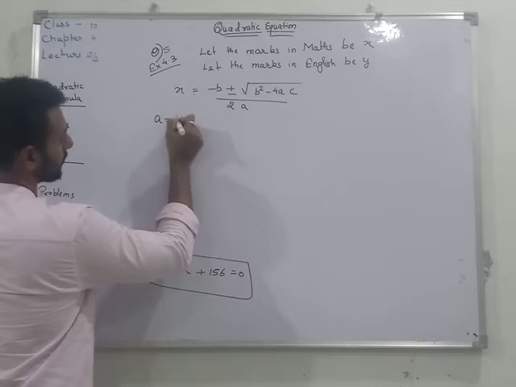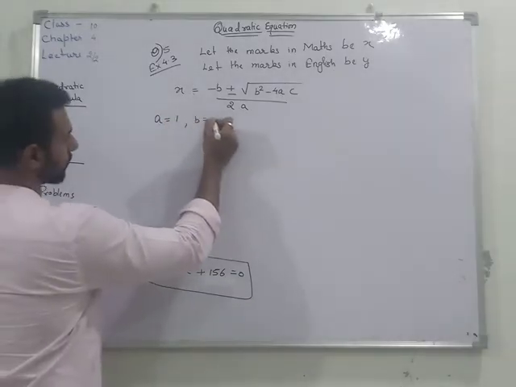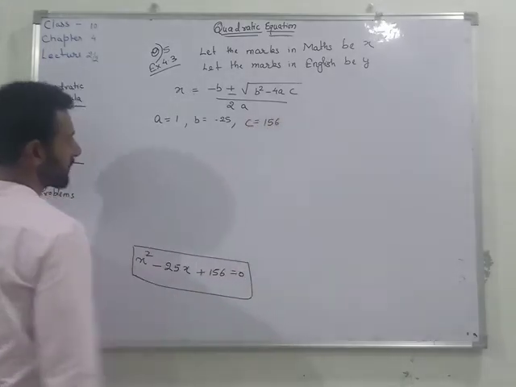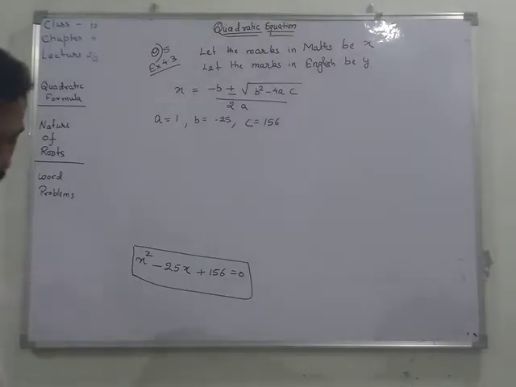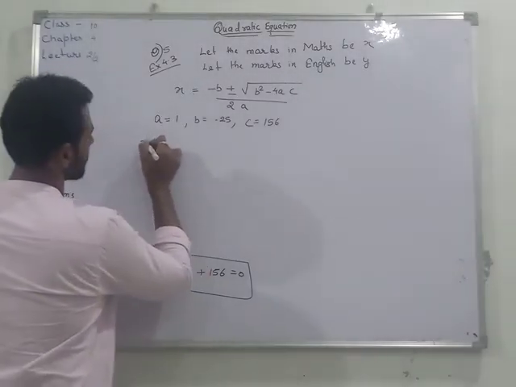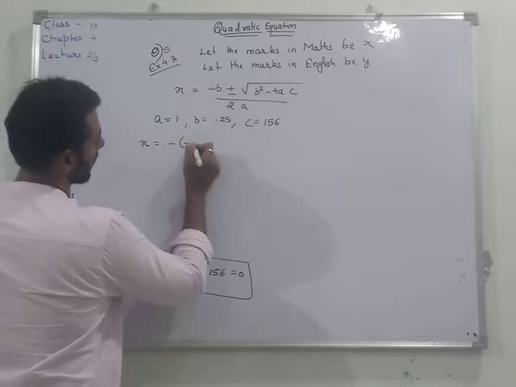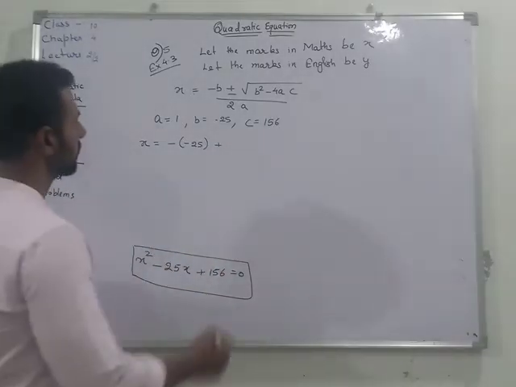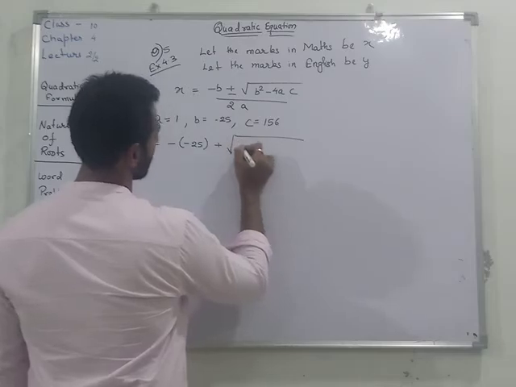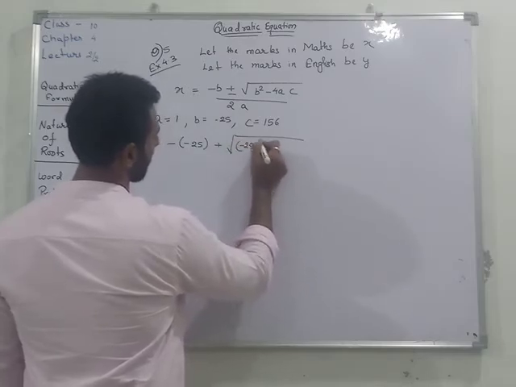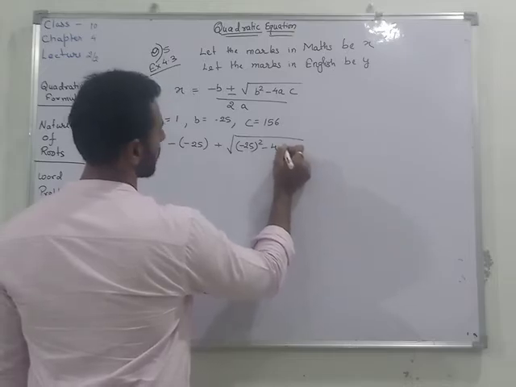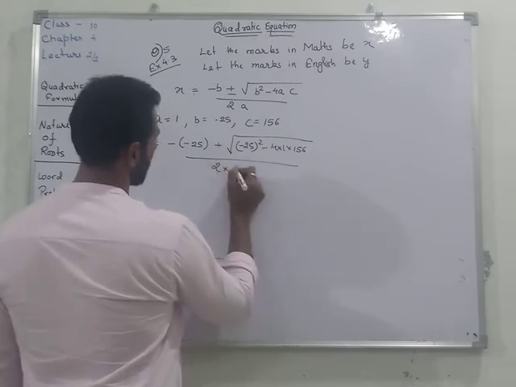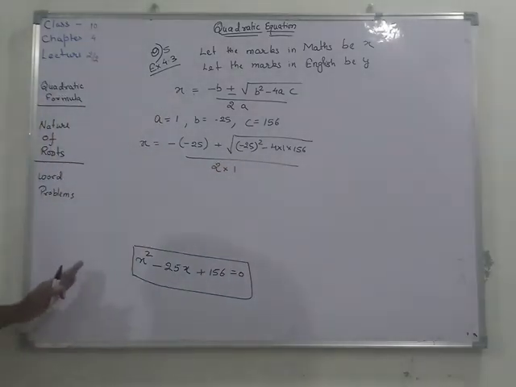Here a is equal to 1, b is equal to minus 25, c is equal to 156. First solving for the positive one.